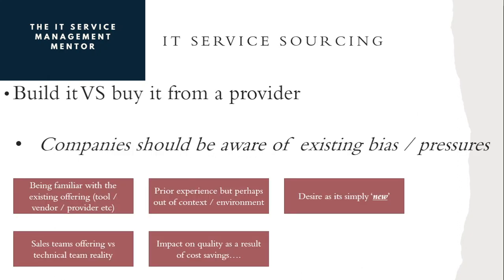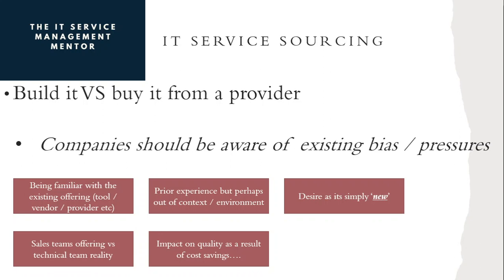Two approaches: we've got to build it or we've got to buy it. So if we just think through both of those options, there's going to be an element of bias or an element of pressure on those options either way. Are you familiar with this existing offering, this new tool or this vendor, this provider?